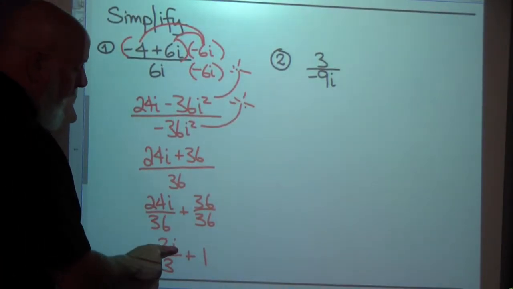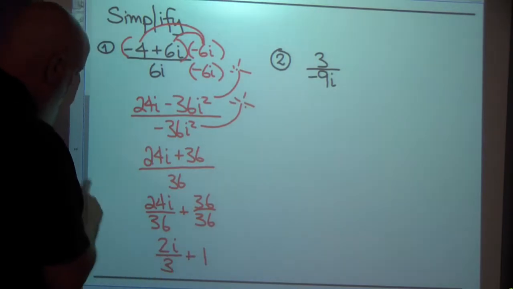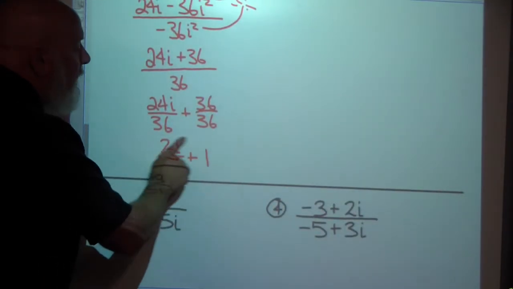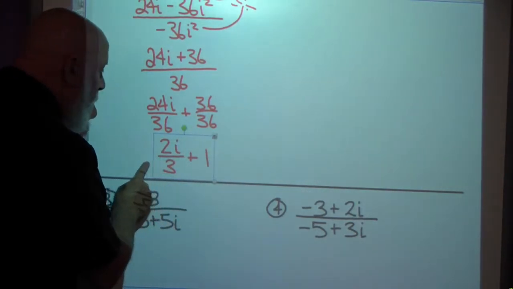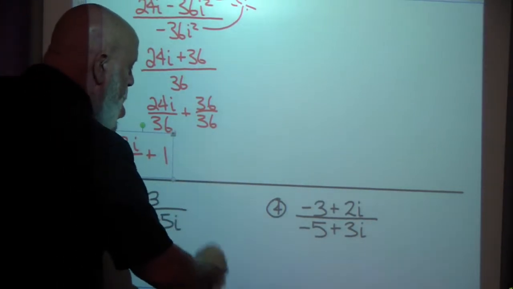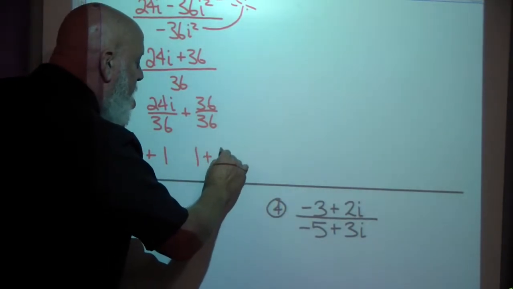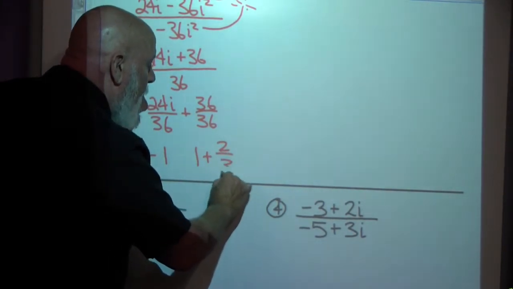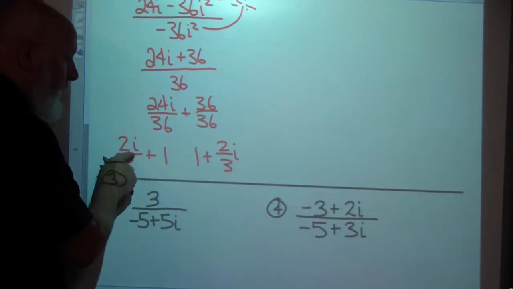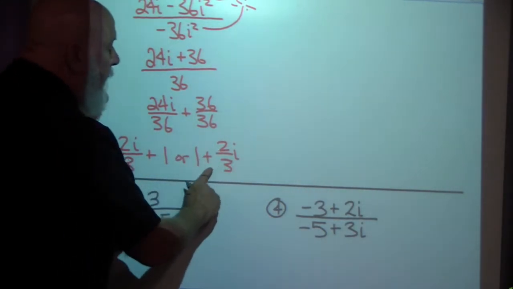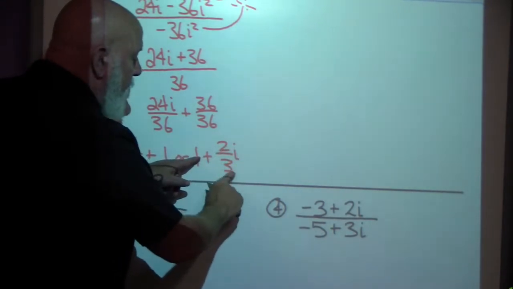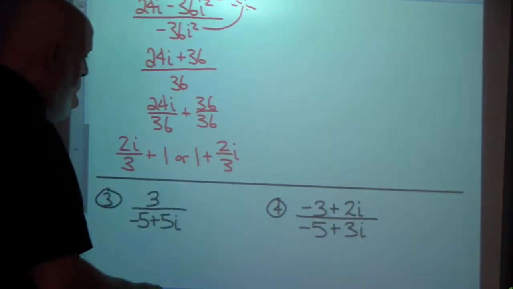This is 2/3 i plus 1, and that's in complex form. To put it in standard complex form, we can put the 1 first: 1 plus 2/3 i. You can put the i out to the side if you wanted to, or you can leave it in the top. Just don't put it in the bottom.